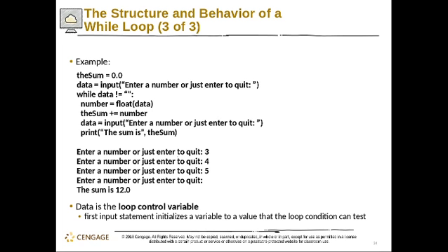But once you input a blank, which is defined by an empty apostrophe here, the loop exits. So data is the loop control variable. As long as this condition is met, the loop will iterate. The statements will iterate.